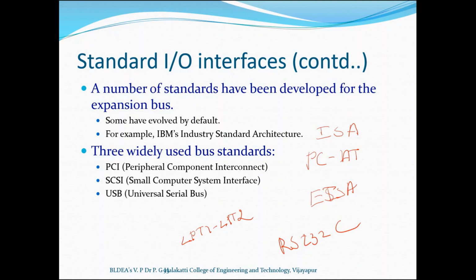Now, these are widely used bus standards. There are three widely used bus standards. Those are PCI, which we call Peripheral Component Interconnect, SCSI, Small Computer System Interface, and USB, that is Universal Serial Bus.